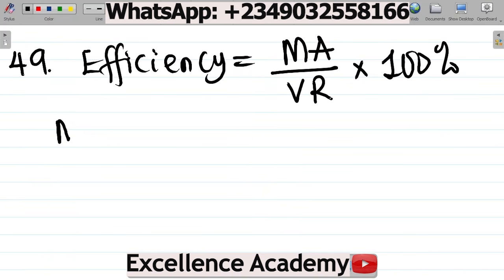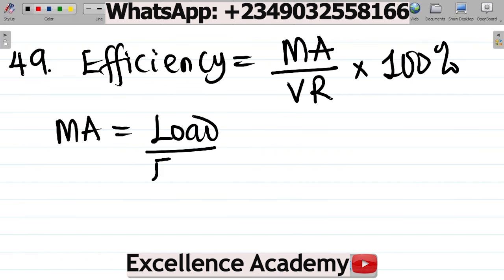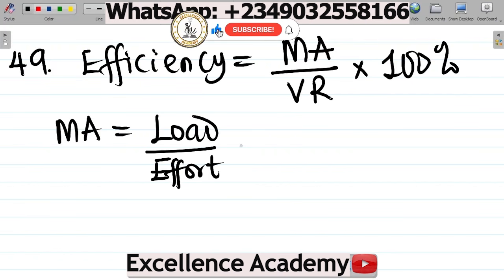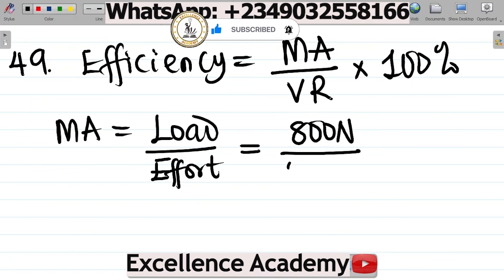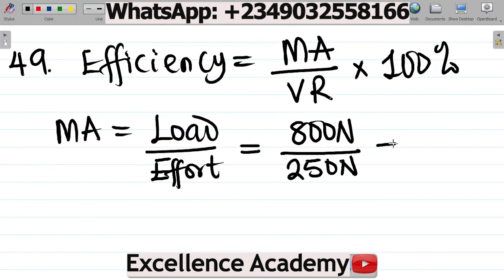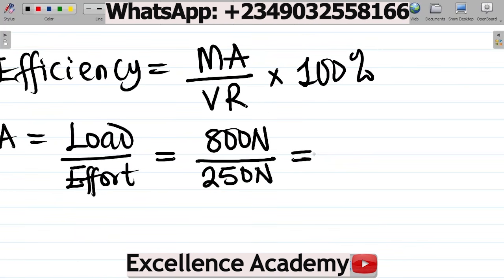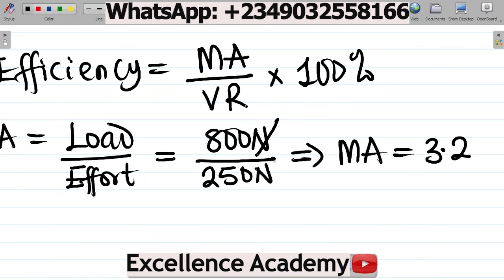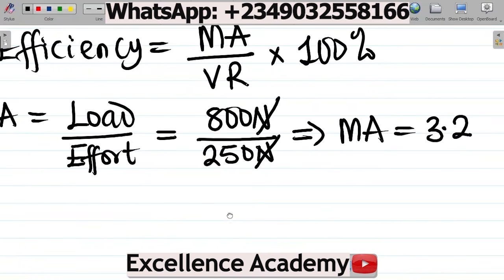For the mechanical advantage, MA is simply the ratio of load to effort, load over effort, and that's equal to, for the load, 800 Newton, all over, for the effort, 250 Newton. Let's work on this. That becomes 800 divided by 250, and that's about 3.2. So mechanical advantage, MA, is equal to 3.2. It does not come with an SI unit because here Newton cancels with Newton. So this is the mechanical advantage.